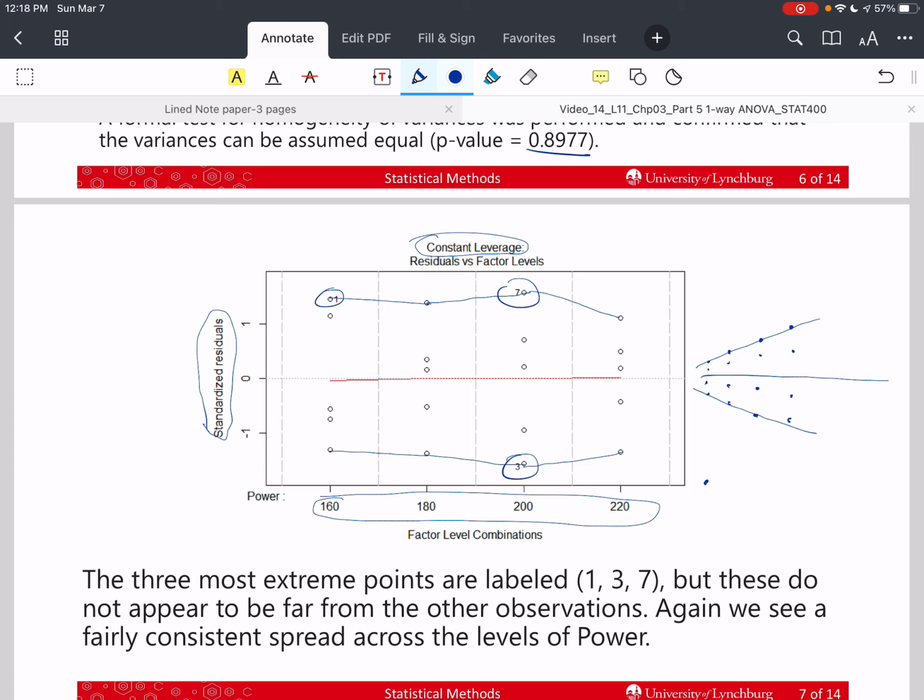Or we could see, if we had something like this, it would give us a shape. Any shape would be an issue, okay? So we're not seeing that here.